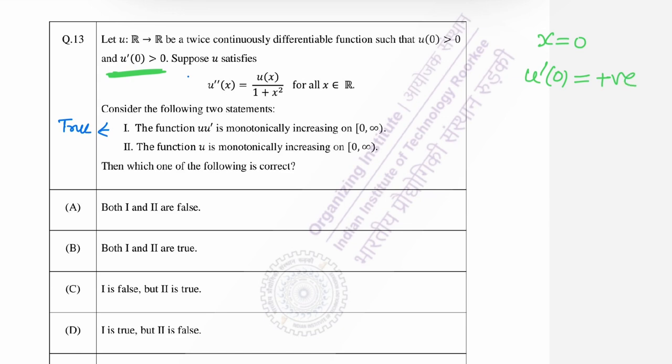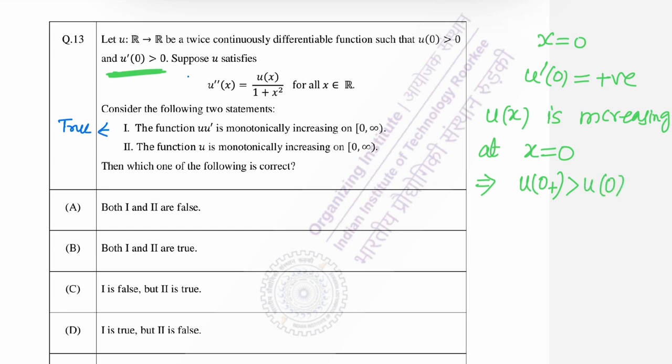It means that ux is increasing at x equal to 0. This implies that u0 plus, means the value of x just greater than 0, is greater than u0.